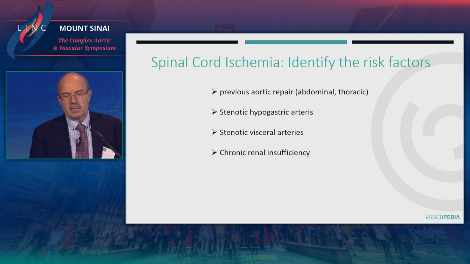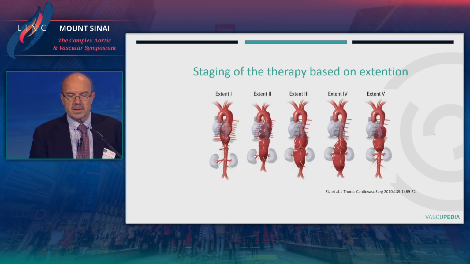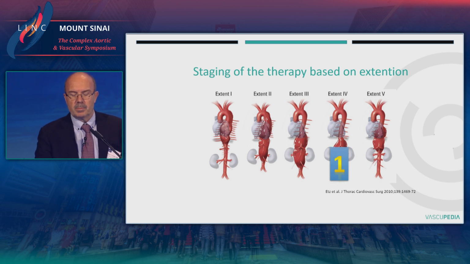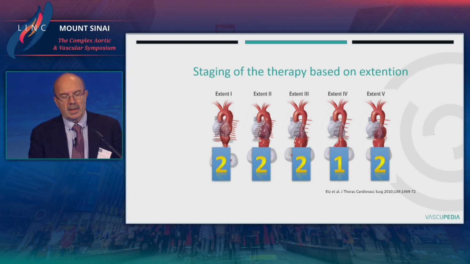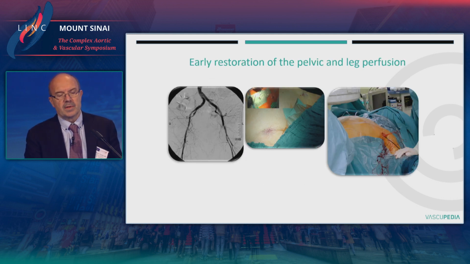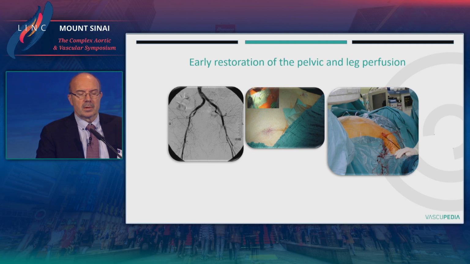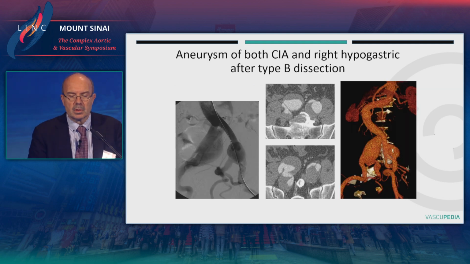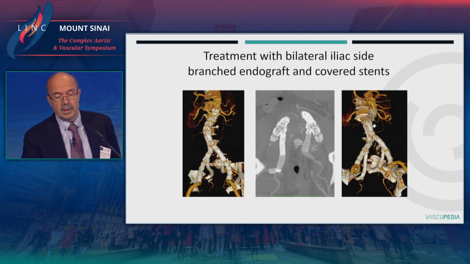And we know the risk factors, and we stage our patients, and we do it in one operation only for extent 4, but for the other thoracoabdominal aneurysms we always stage. And this is also another important point. We need early restoration of the pelvic and leg perfusion to reduce the risk. And if we have to repair the iliacs, well, we have to preserve the pelvic circulation.